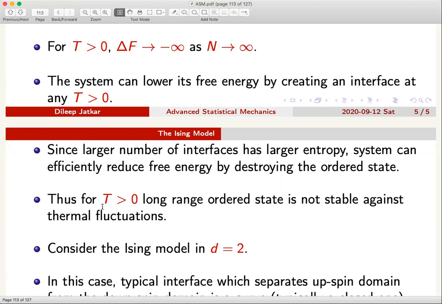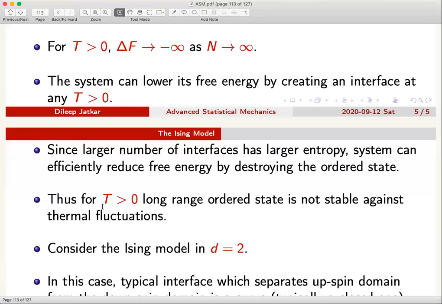But suppose you have an interaction which is J Si Sj, and J is a function of the distance between the ith site and jth site. Let me call it M and N: J as a function of M minus N, Sm, Sn. That is the kind of interaction we are considering.